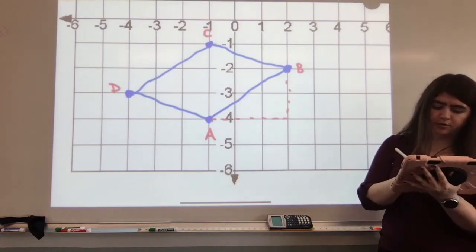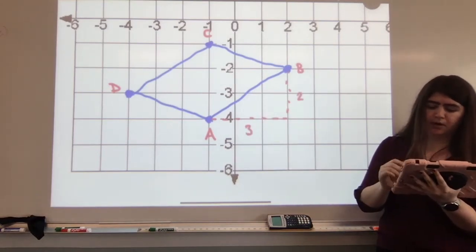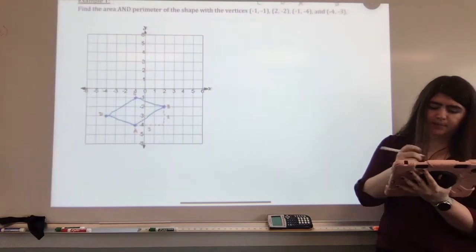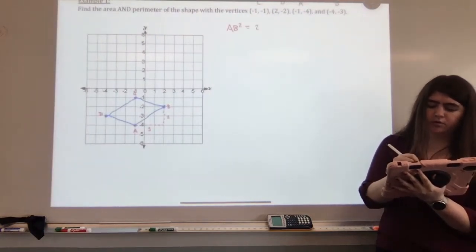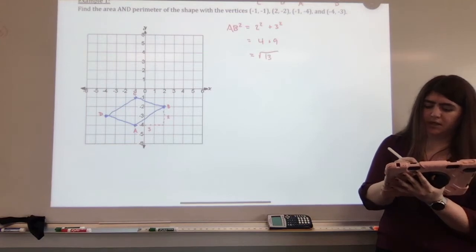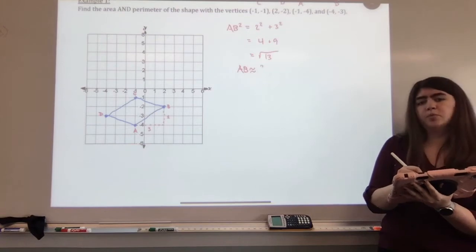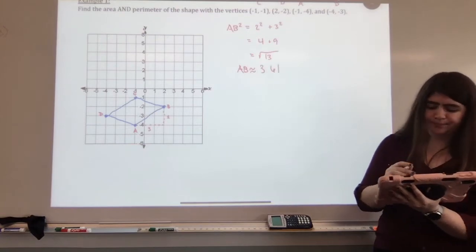I went over 3 squares and up 2 squares. So for AB squared is equal to 2 squared plus 3 squared. That gives me 4 plus 9, or in other words, the square root of 13, which means that AB is approximately equal to 3.61.